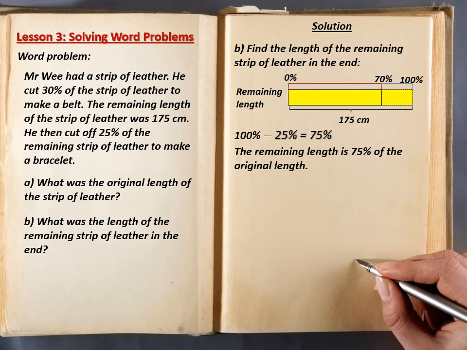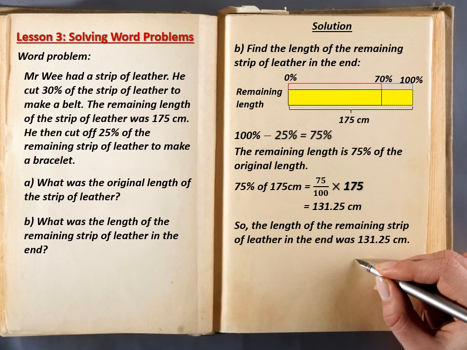So 75% of 175 is the length of the remaining strip of leather in the end. 75% of 175, you can write 75 out of 100 multiplied by 175 equals 131.25. Sorry, centimeters. So the length of the remaining strip of leather in the end was 131.25 centimeters.